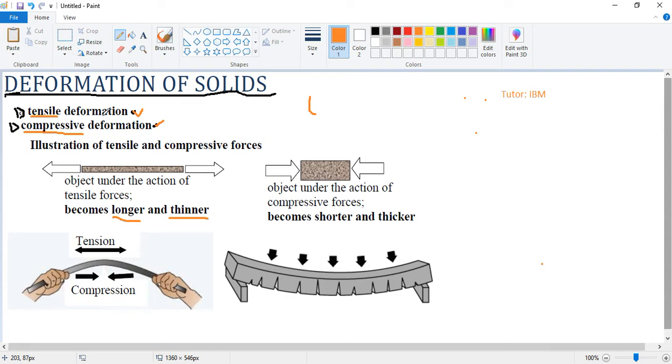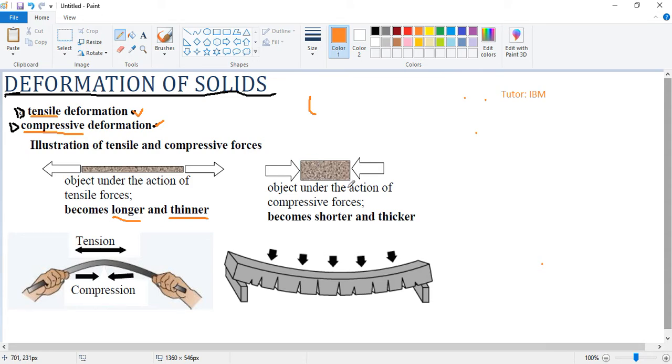If a pair of forces act on an object and squash the object, then we can say that the object is under compressive deformation, or the object undergoes compressive deformation. In fact, these two forces act towards the object in one dimension. Take for instance, look at this illustration here. We have two forces, this force and the other force, acting on the same object.